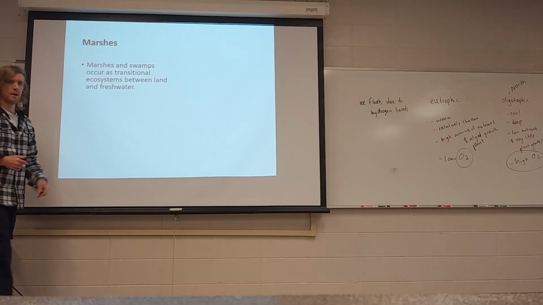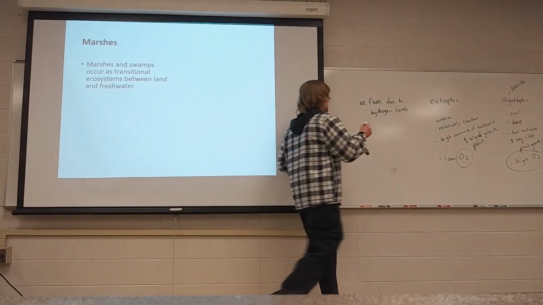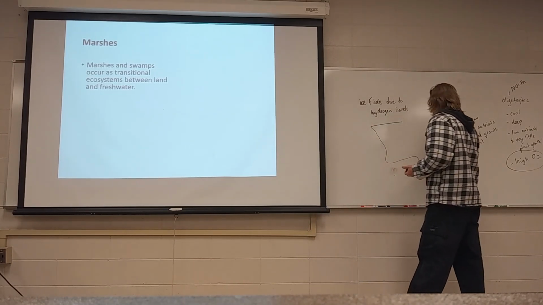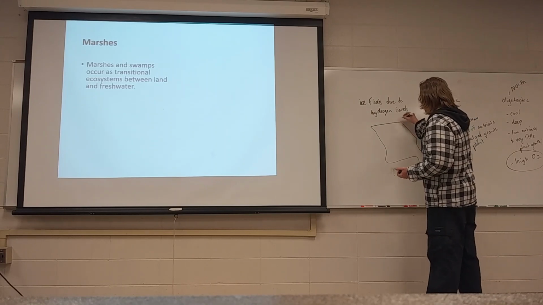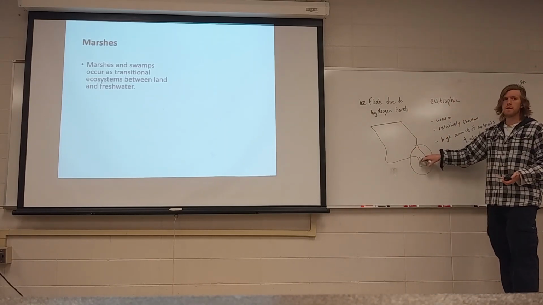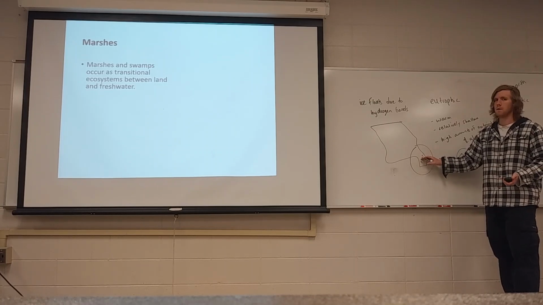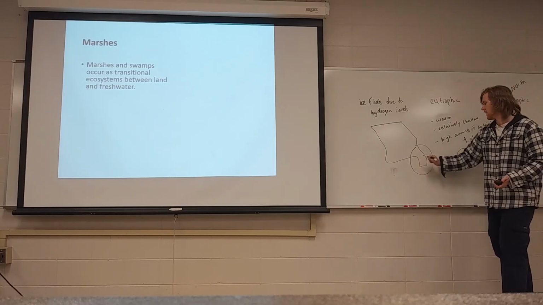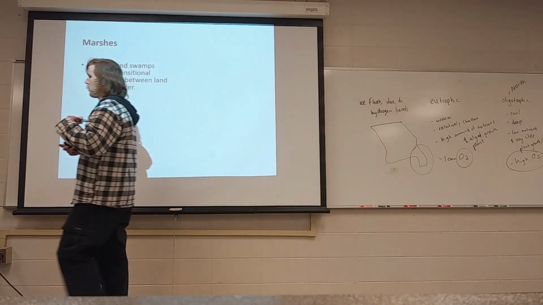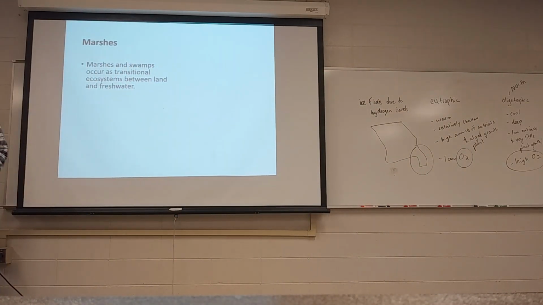For instance, if you look at Missouri, I'm going to do a terrible drawing of Missouri here, but if you look at Missouri, right, you've got the boot heel down here. That boot heel region used to be swampland. Most of it was swampland. Now it's almost all farming. 99+% has been drained and converted to farmland. So a lot of it has been changed with marshes and swamps.